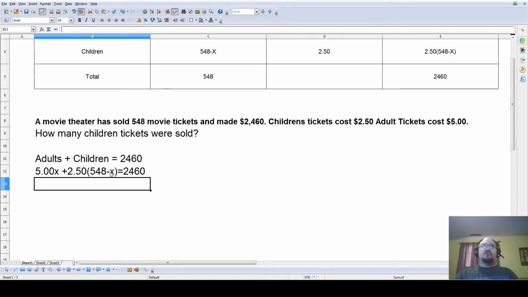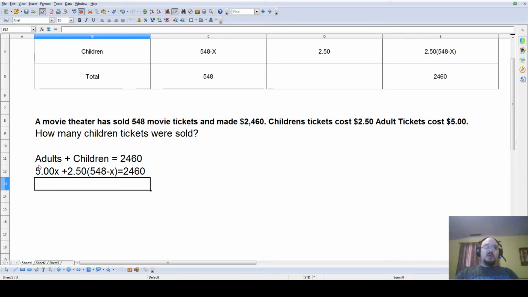This is kind of posing a problem for us. We would like to distribute, so this is going to multiply this way and then that way. Let's pull up my trusty calculator and see what $2.50 times 548 is. 250 times 548. Okay, so that is going to be $1,370. All right, so here's what we do.